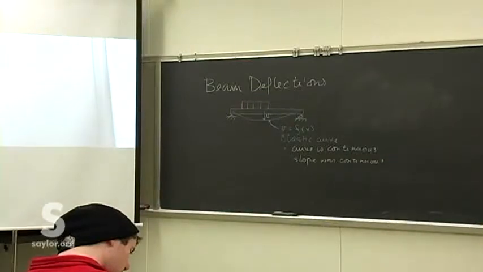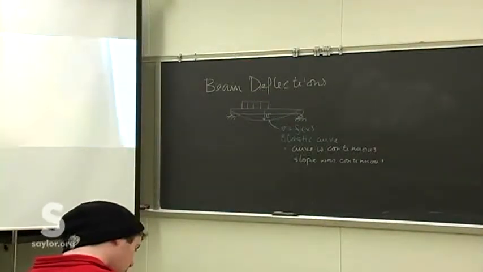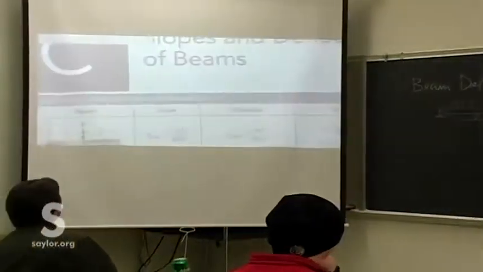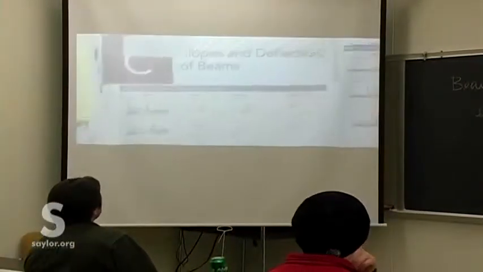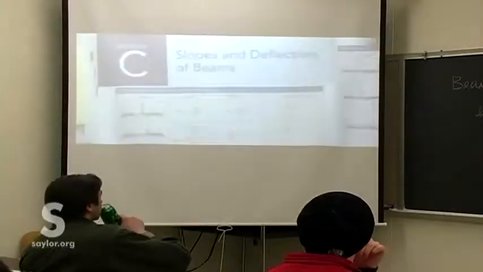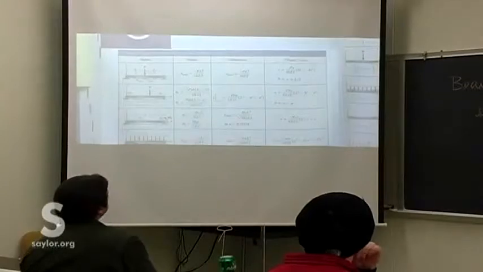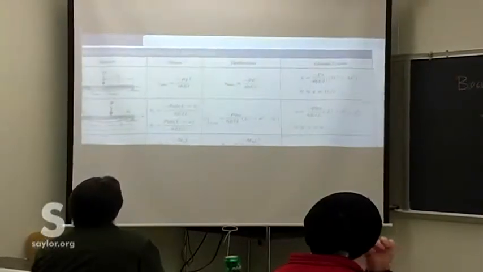Now, some very simple loads are all done in this Appendix C here, slopes and deflections of beams. And you can see some of the ones we actually even did in class.